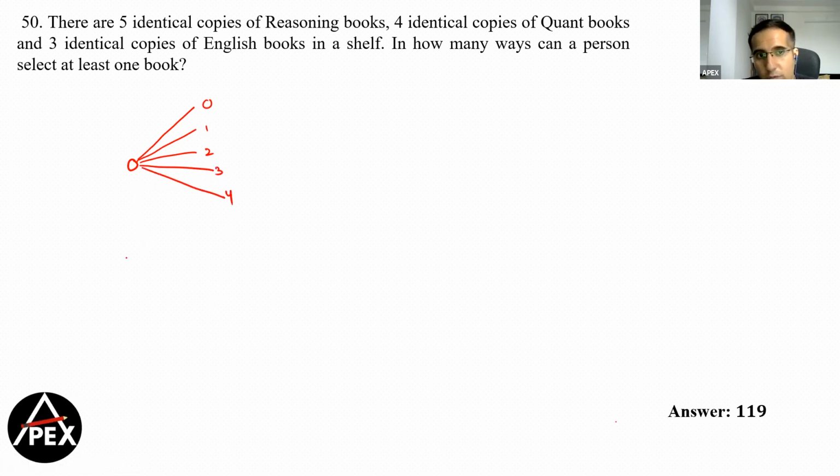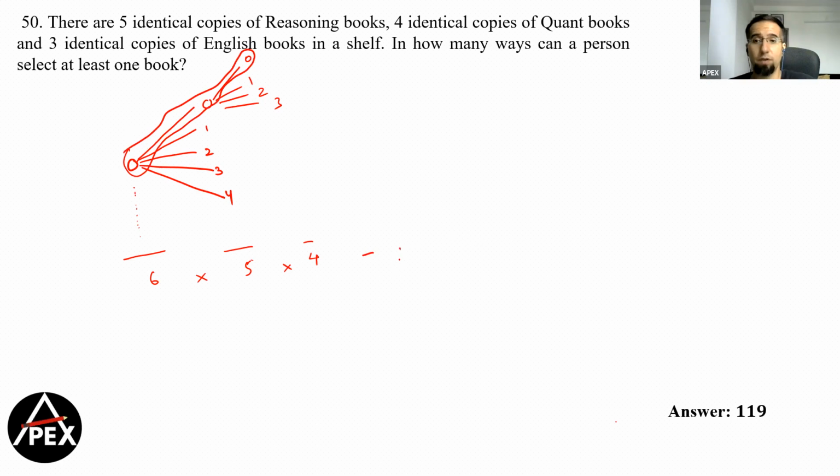So 0, 1, 2, 3, 4, 5. In how many ways is this? 6. And this? 5. Multiplication. Again, I can have 0, or 1, or 2, or 3. This is in how many ways? Into 4 ways. Clear? Minus, there will be only one way in which you have not picked any book, that is 0, 0, 0. So 6 into 5 into 4 minus 1.